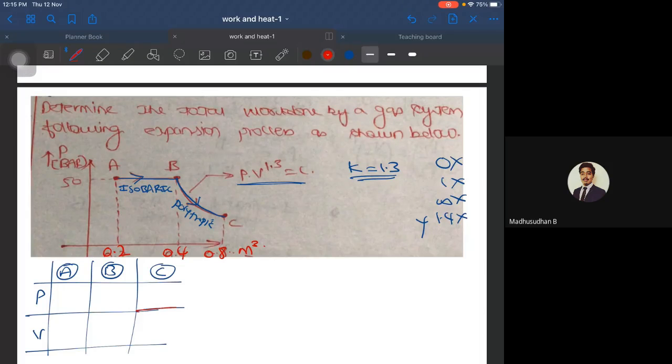Now, let us update the values. Pressure at state A, 50 bar. I want this to be in Newton per meter square, and the volume in meter cube, right? So I have to convert 50 bar into Newton per meter square.